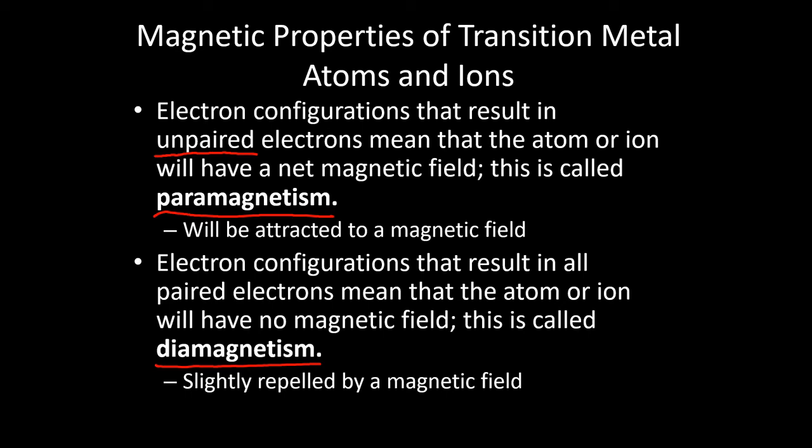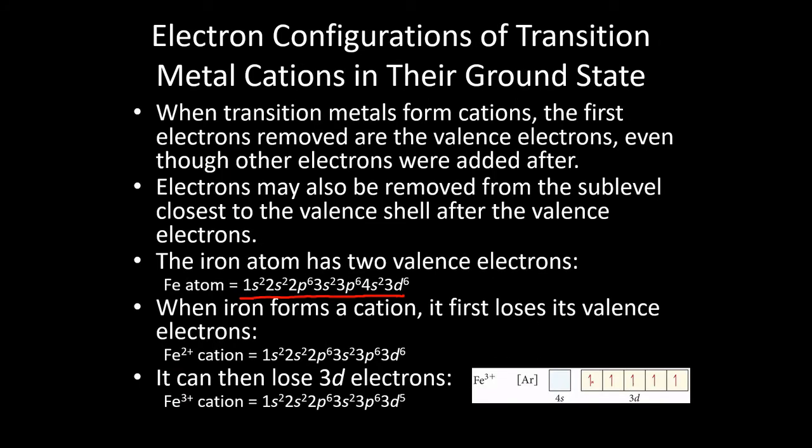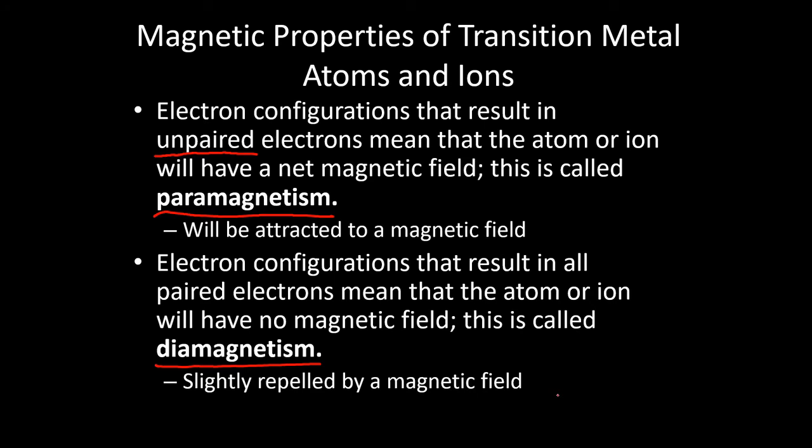This is one of the reasons why iron is such a good material for magnets, because especially iron, when it's in a certain oxidation state, has lots of unpaired electrons. So anything that has unpaired electrons is paramagnetic. It's attracted to magnetic fields. Anything that has all paired electrons is actually going to slightly repel magnetic fields, and those are diamagnetic.